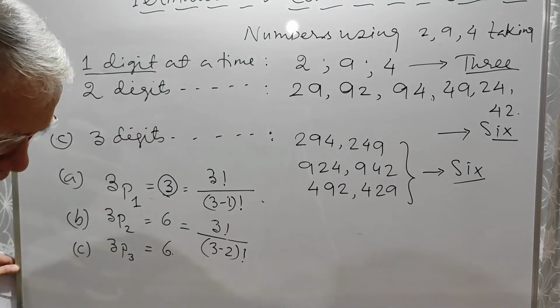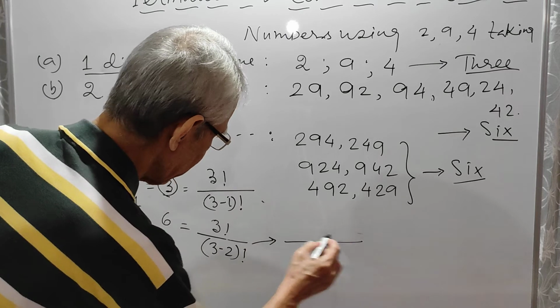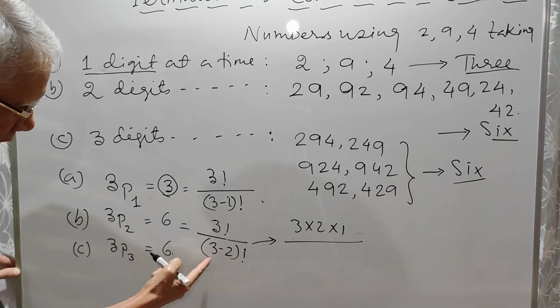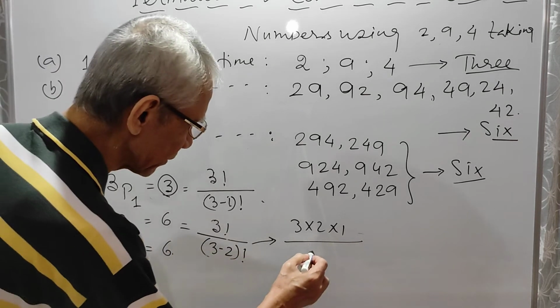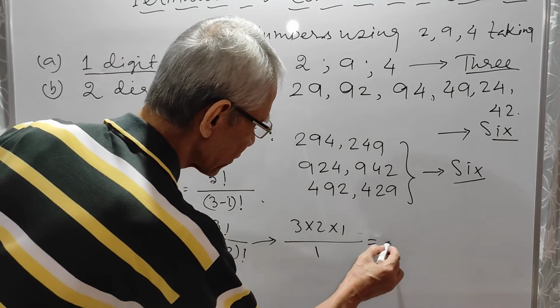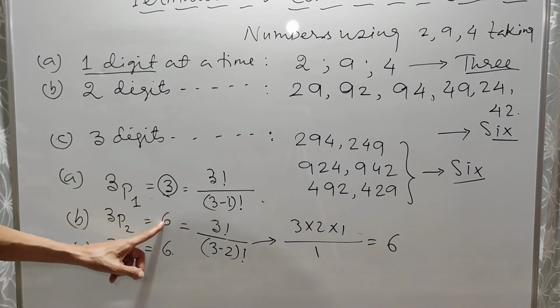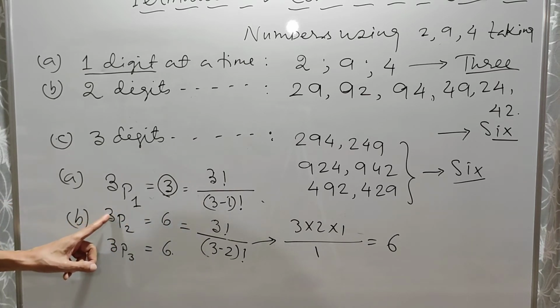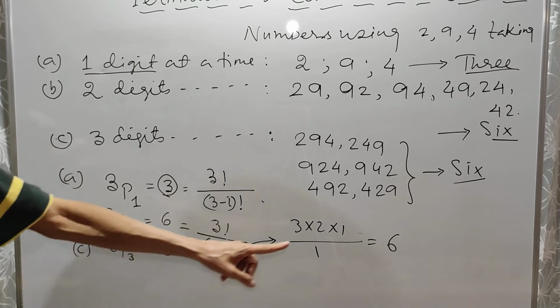Factorial 3 means 3 into 2 into 1. This is 3 minus 2 factorial, that means 1 factorial. 1 factorial is 1. So what do you get? Isn't it 6? So in place of this 6, we can write factorial 3 by factorial 3 minus 2. So calculating we get 6.